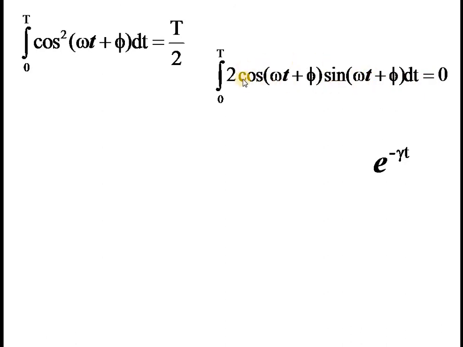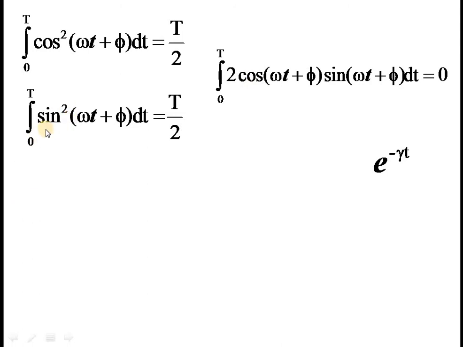Because whenever you integrate a sine function or a cosine function over a complete cycle, its value will be 0. This is a standard formula, standard integration you have studied in mathematics. You can check it. This will give you simply a sine theta function, and when you integrate over a complete cycle, its value will be 0. We have proved it many times in previous classes.